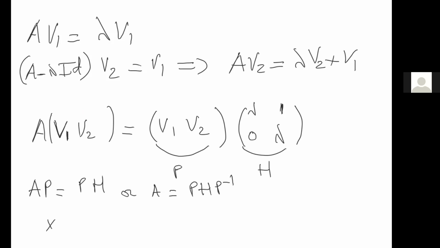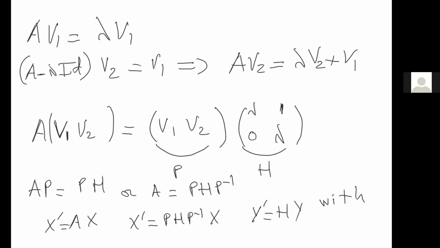So instead of solving x prime equals Ax, this is the same as x prime equals PHP minus 1 x, which is the same as y prime equals Hy with y equals P minus 1 x, which is the same as x equals Py.